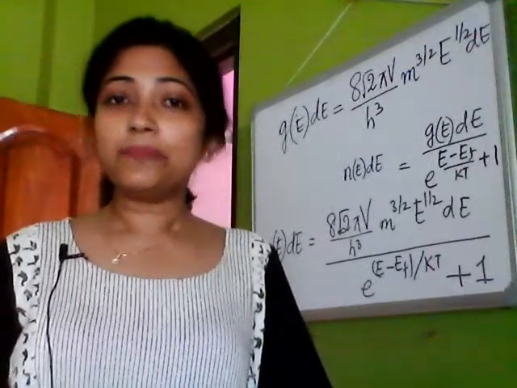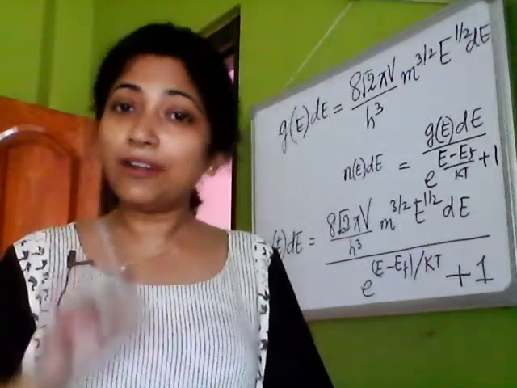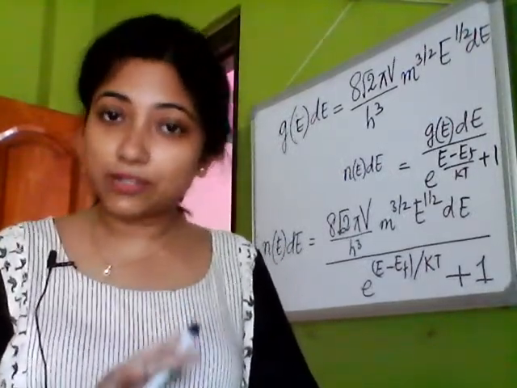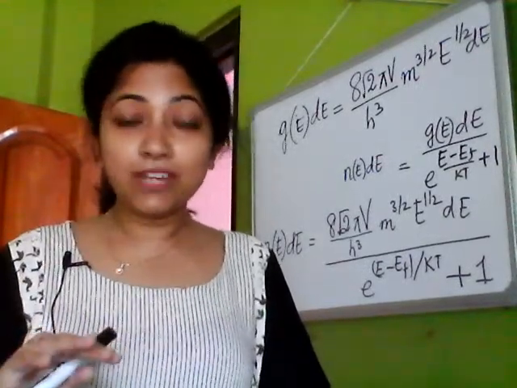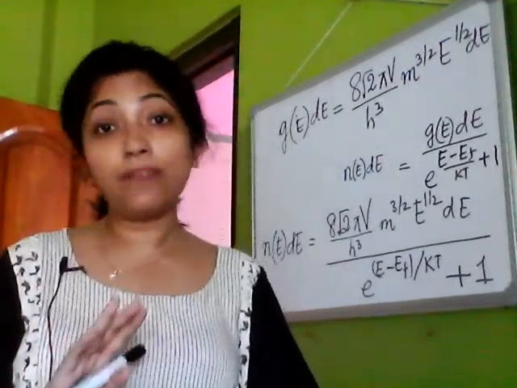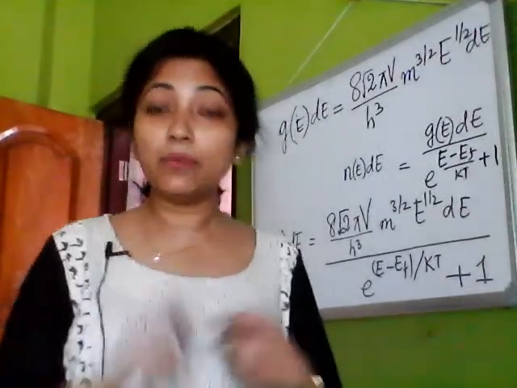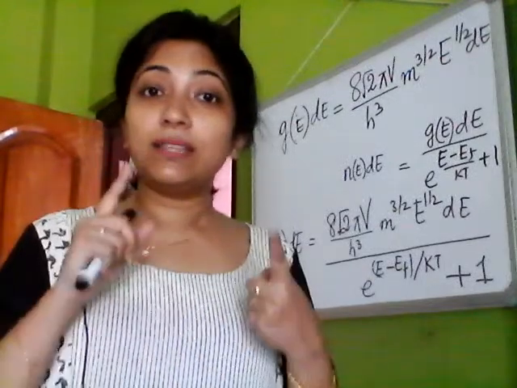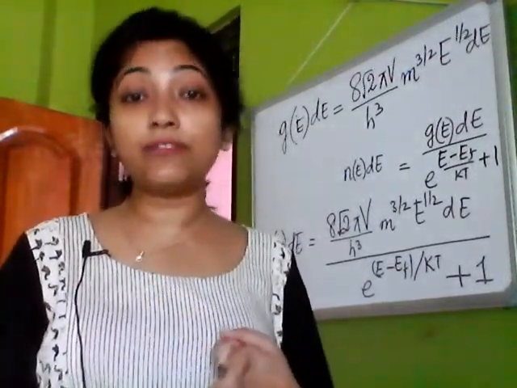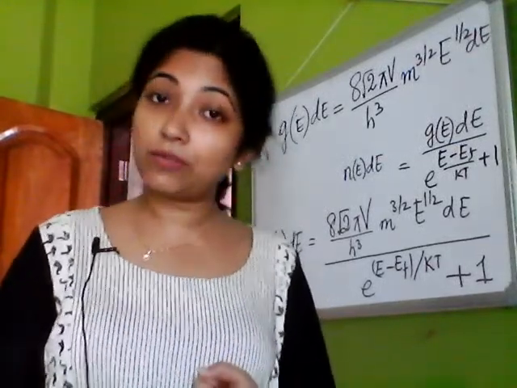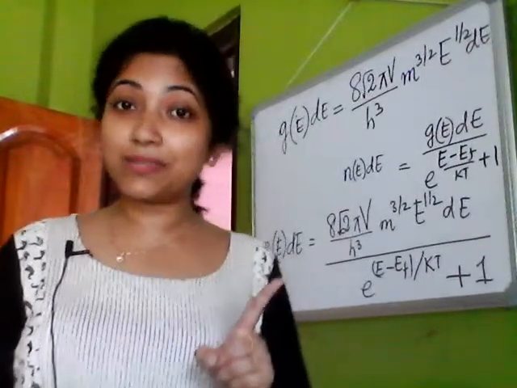As I have told you already, this brings us to the end of statistical mechanics lectures. Before I finish, let me give you a recap of what we have done in this chapter. I will begin with the macro and micro states. We have done how to solve the problems of macro state and micro state, depending on whether the system is distinguishable or indistinguishable.